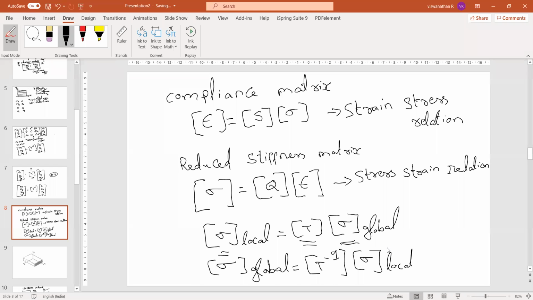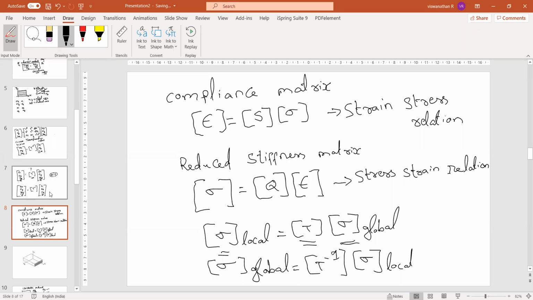This is what we have done basically, and we also looked at the strains. You can put the strain over here instead of stresses. So you get the local strains from the global strains and global strains from the local strains. This transformation matrix and the inverse transformation matrix will be the same whether you're using it to find the stresses or to find the strains.